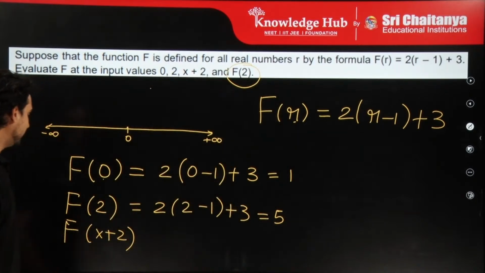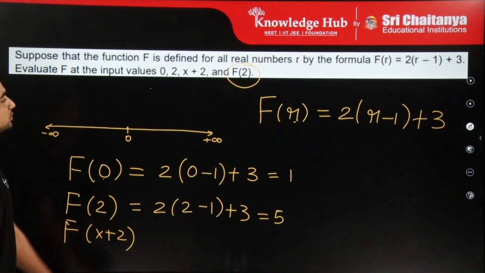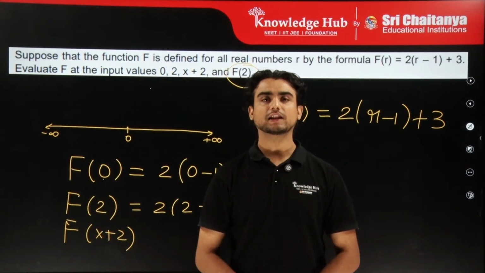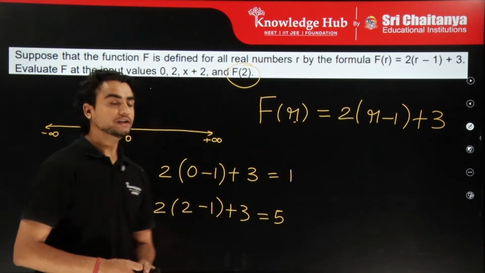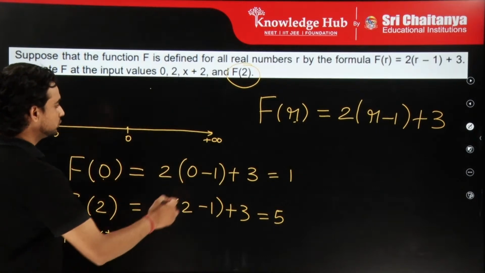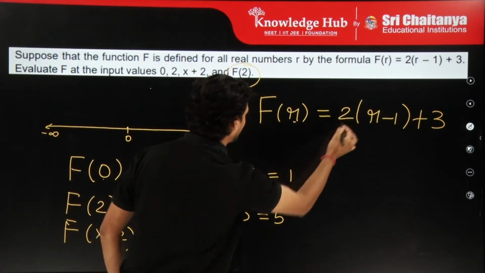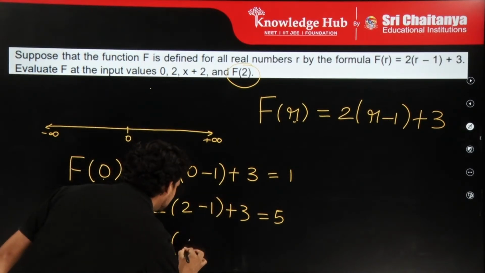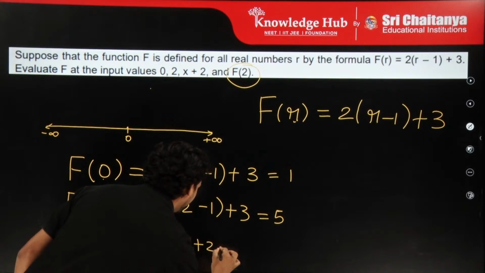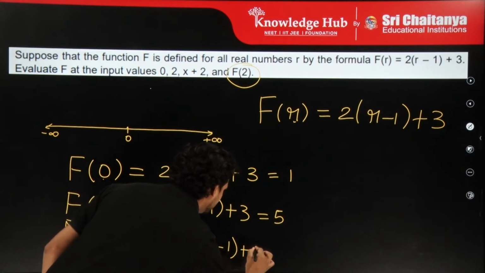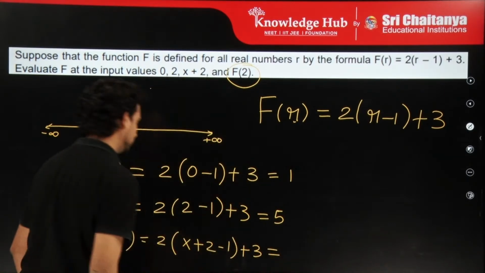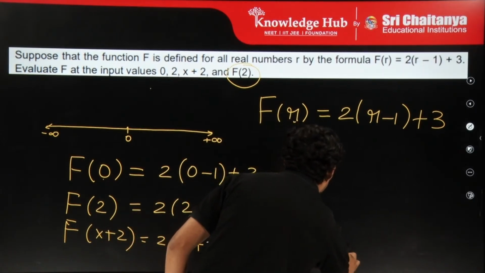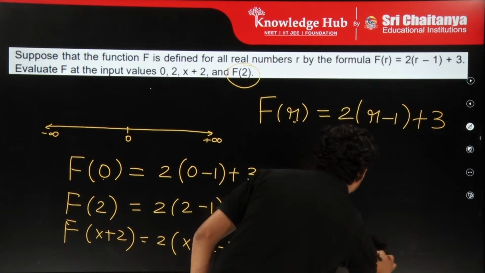And lastly, I am trying to find f of x plus 2. Now what is he trying to say? Put the value of r equals x plus 2. So I'll get 2 into x plus 2 minus 1, plus 3, which is 2 into x plus 1 plus 3.